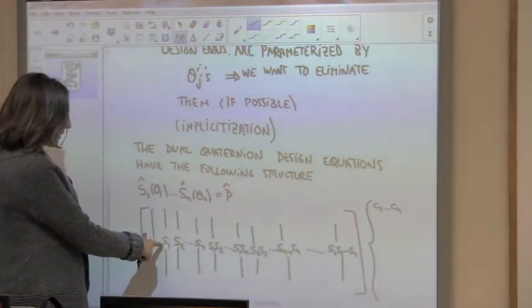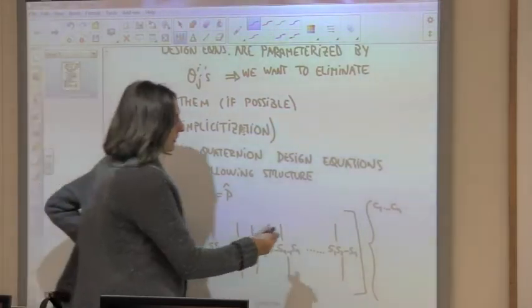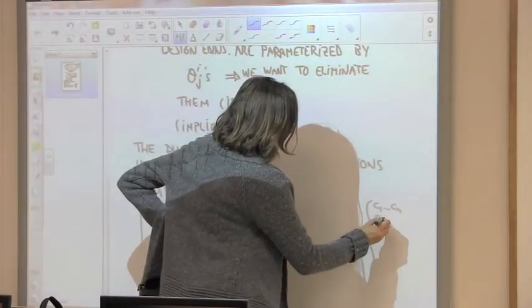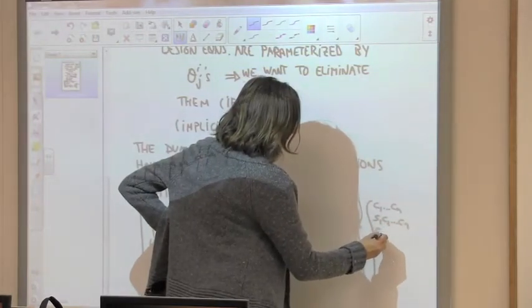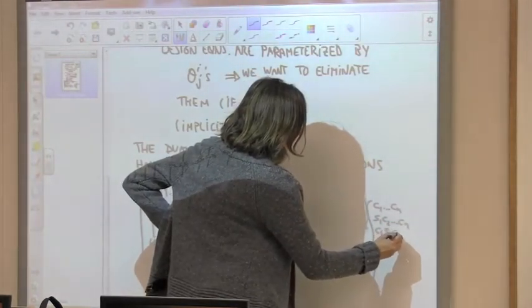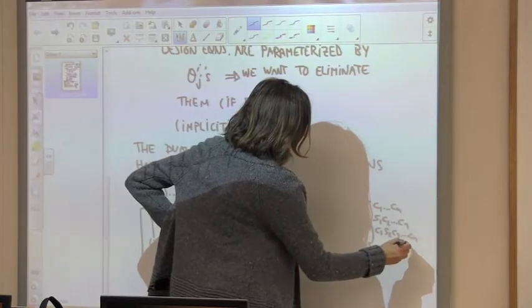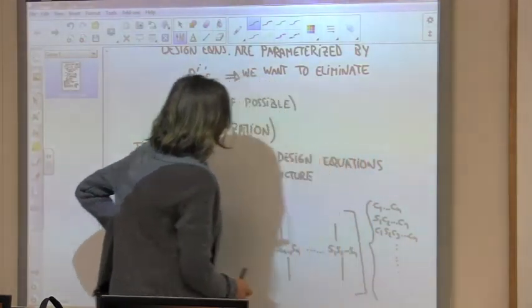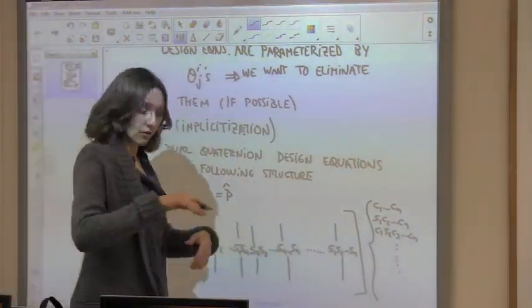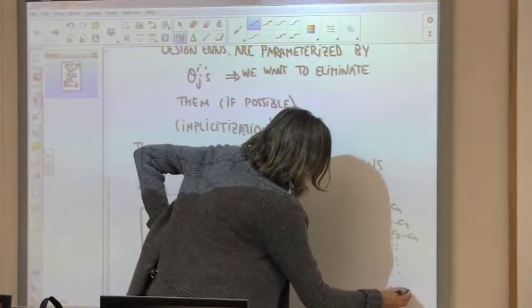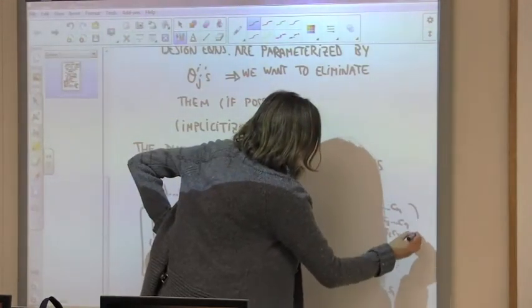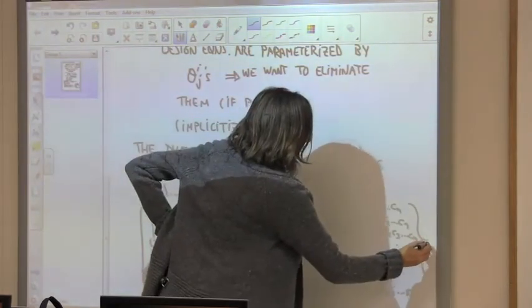So this will be sine 1, cosine 2, cosine n. The third one will be cosine 1, sine 2, cosine 3, cosine n, and so on. And the last one, where all the axes appear, is all sines: sine 1, sine 2, sine n. And that is equal to P.